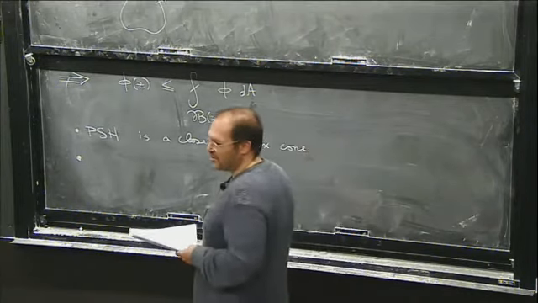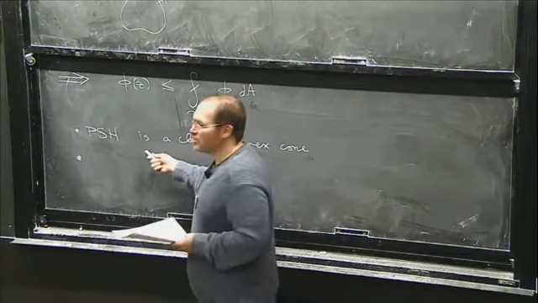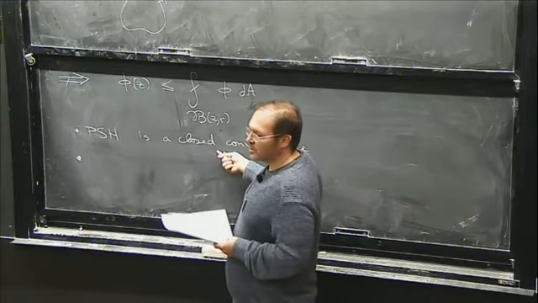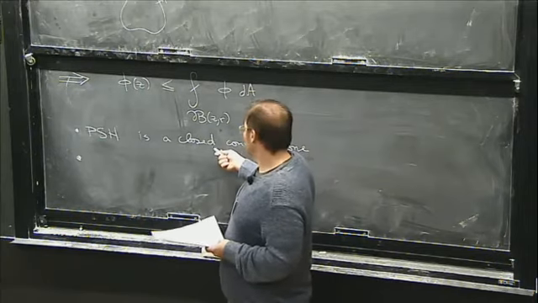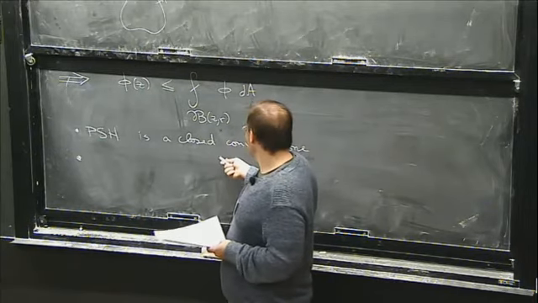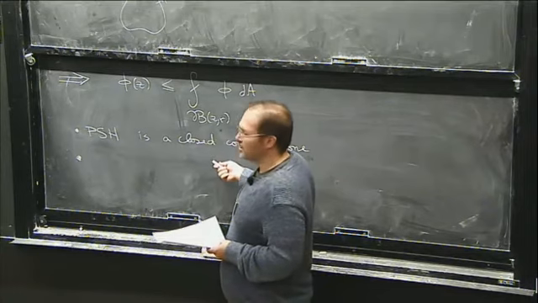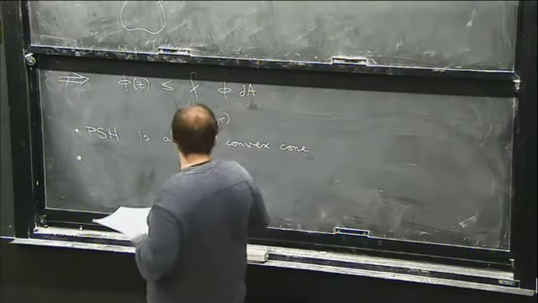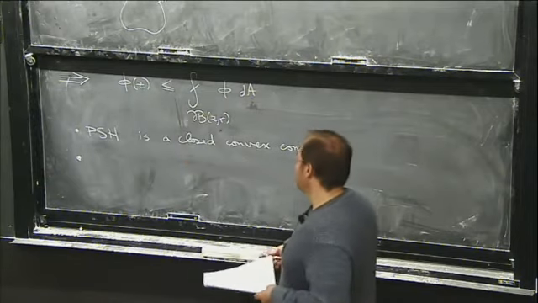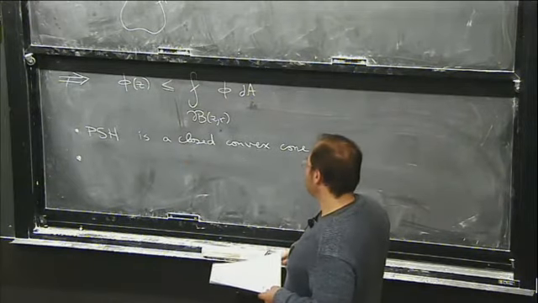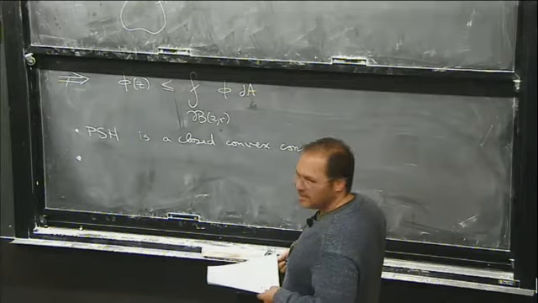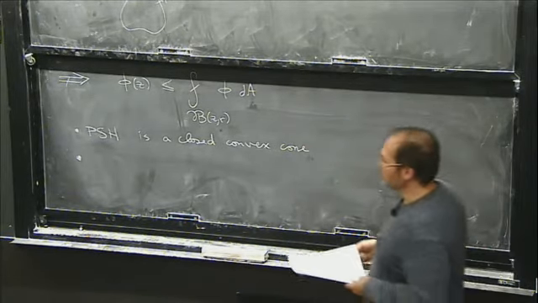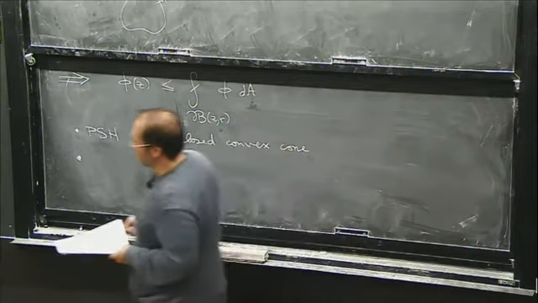So you take a PSH function, you multiply it by a positive constant. Oh, I see. So the closed statement is in some kind of weak topology. It contains 0, but it also contains things on the boundary because of this inequality.